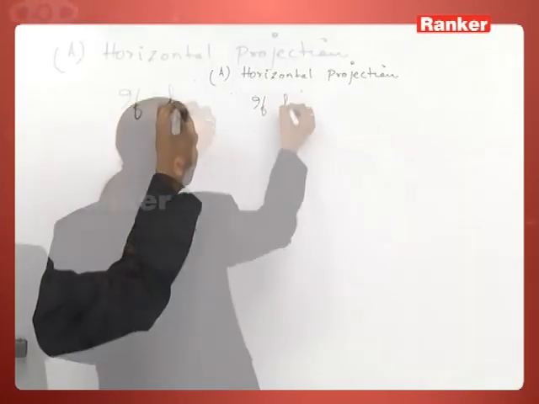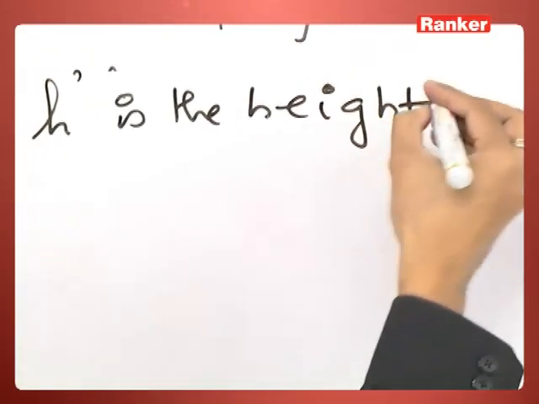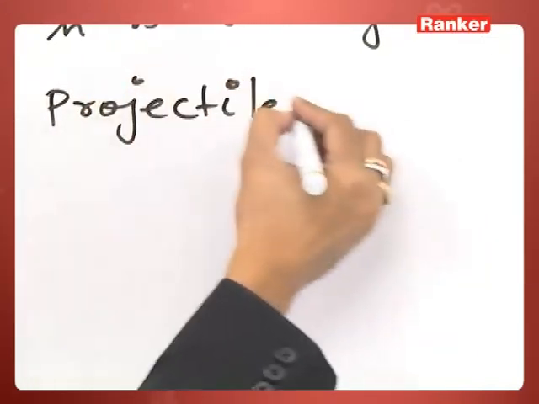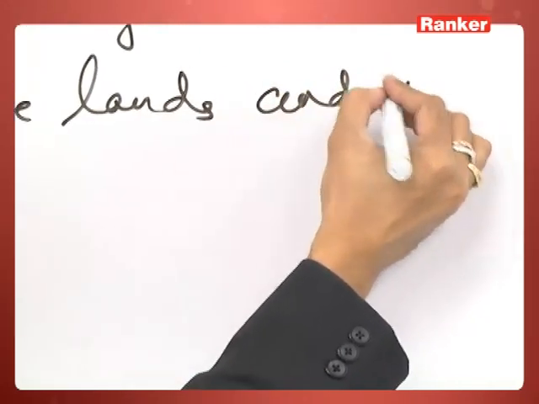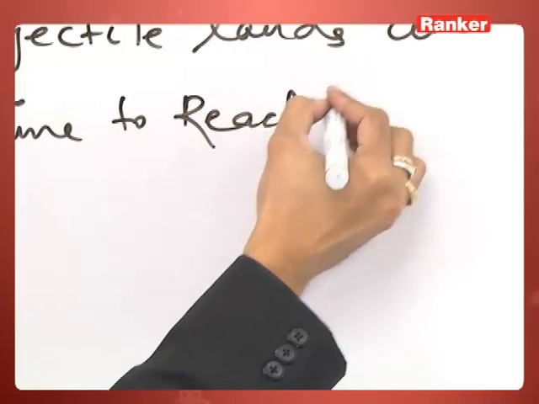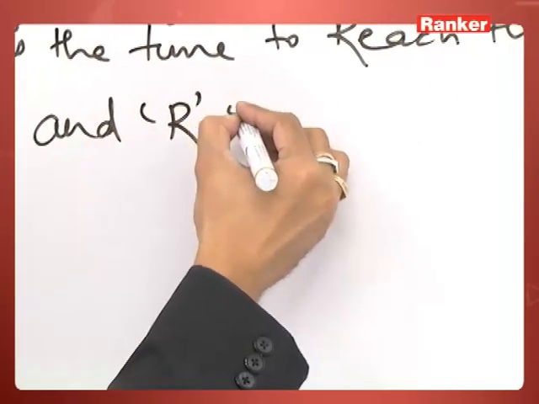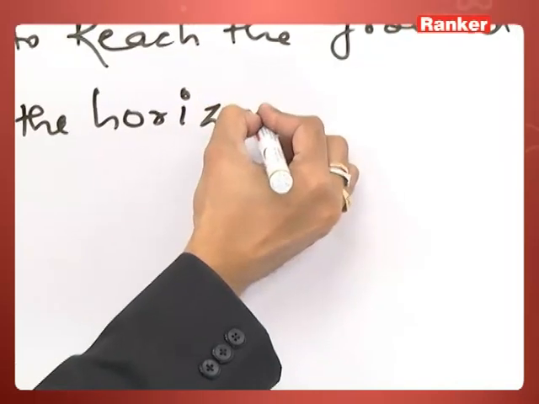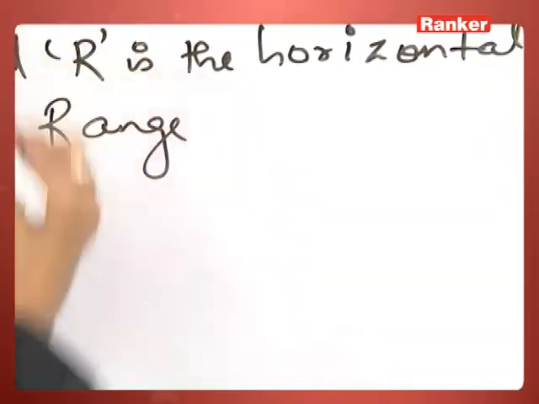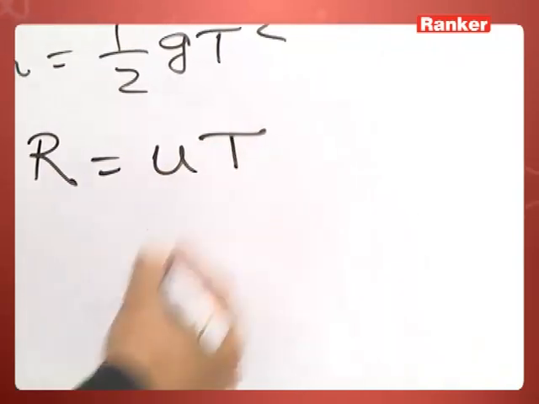Now if h is the height from where the projectile lands, and t is the time to reach the ground, and r is the horizontal distance, or we say range, then I can say h is equal to half gt square and r is equal to u into t.